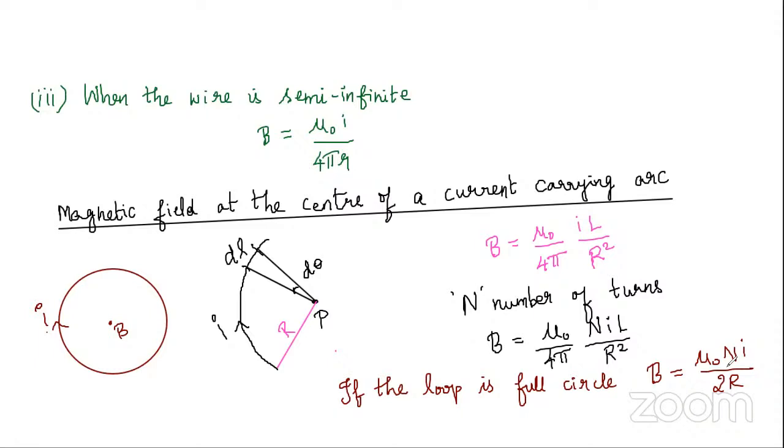And the next thing is magnetic field due to a circular current carrying coil, at a point along the axis of the coil. And that we will be discussing now.